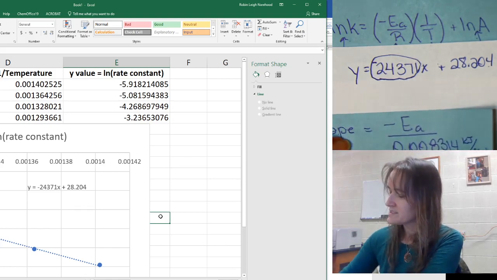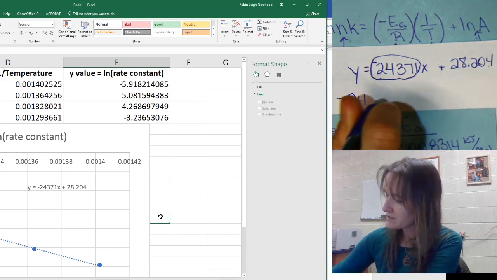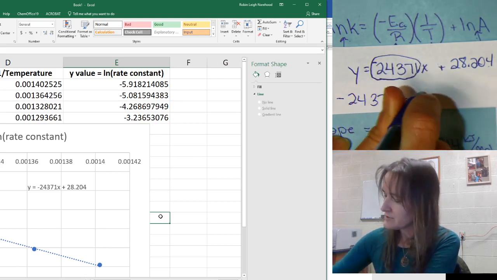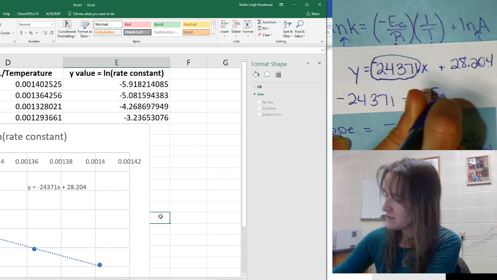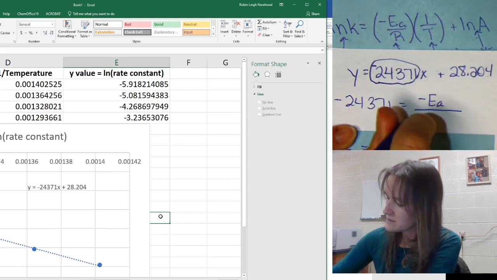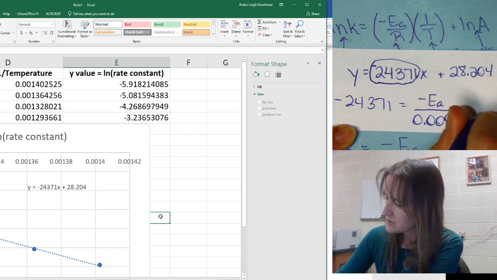So let's take our slope, negative 24,371, that's the slope data, and that is equal to negative E sub A over the gas constant, 0.008314 kilojoules per mole.